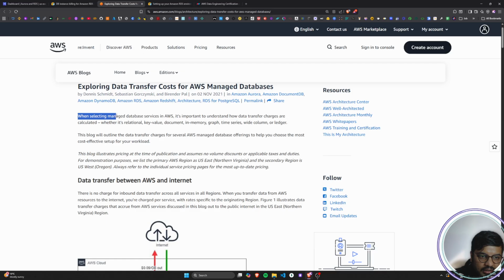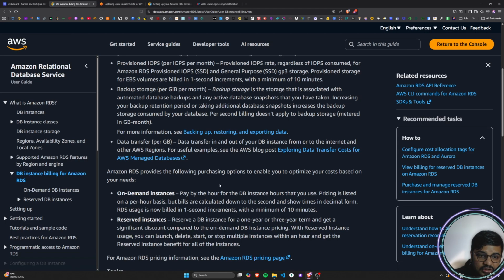When selecting managed database services, this is, I would say, one of the most highly contributing factors. It will have a very high contribution in your billing if you are using an application where there is a lot of inward and outward operation, meaning a lot of read and write operations on your database.